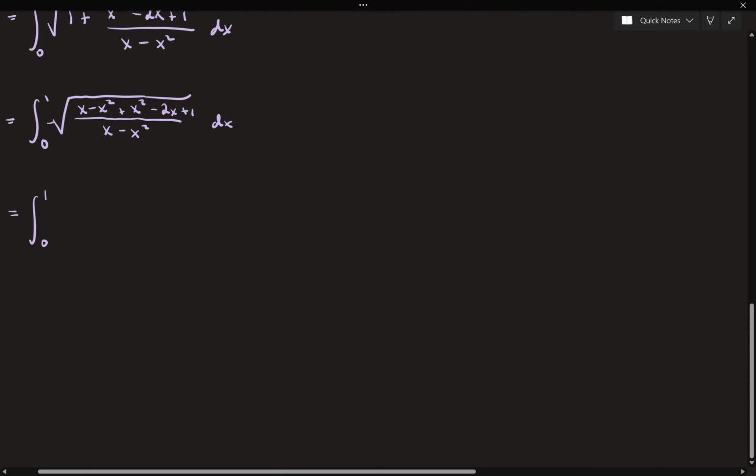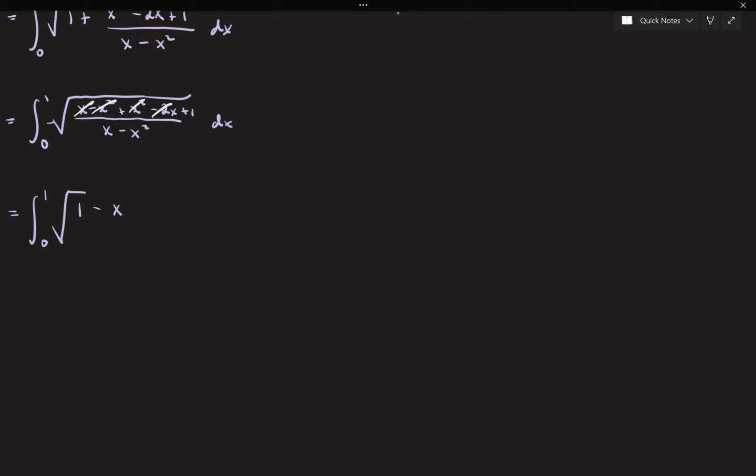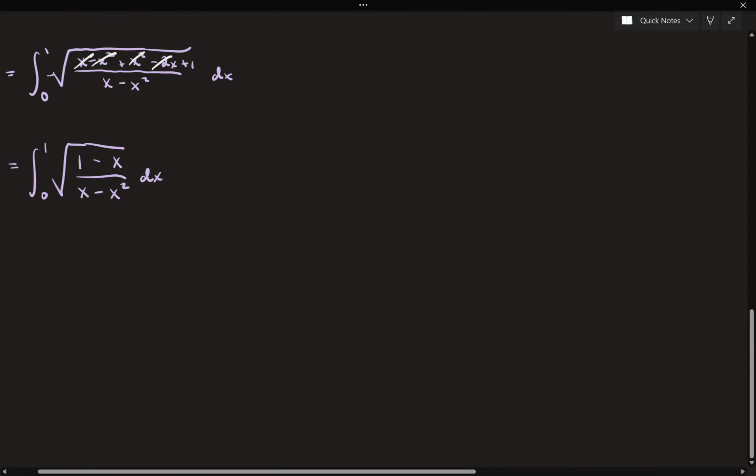This is the integral from 0 to 1. Open up the square root. Now I see things cancel. x squared and x squared cancel. x minus 2x is negative x. So I'm left with 1 and negative x. Now, I don't think this is just yet an integral that I know how to do.